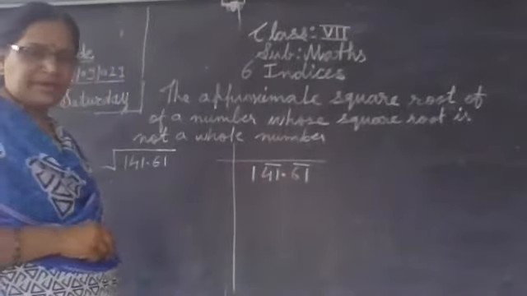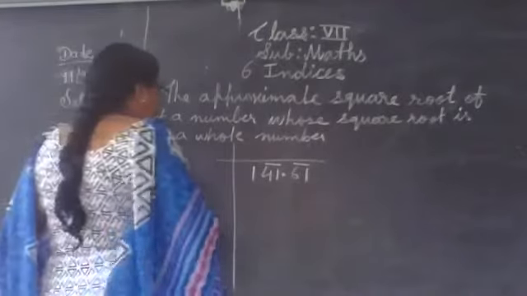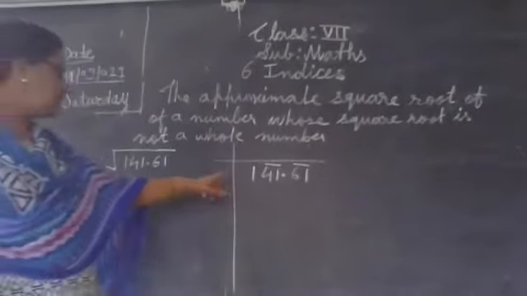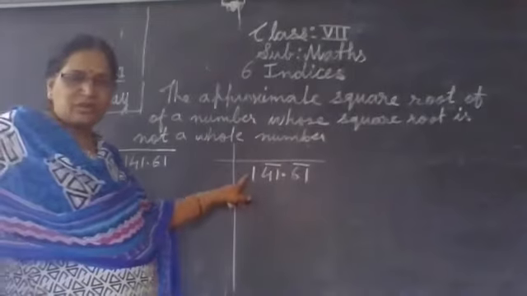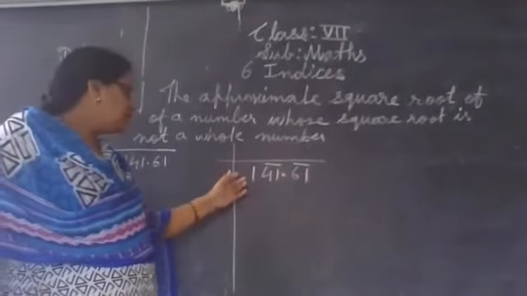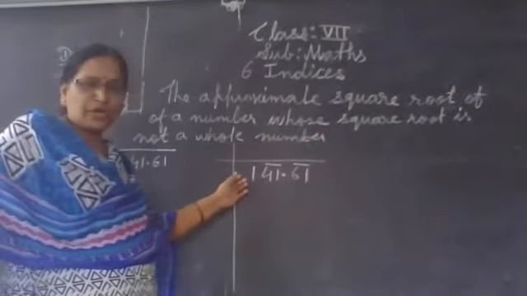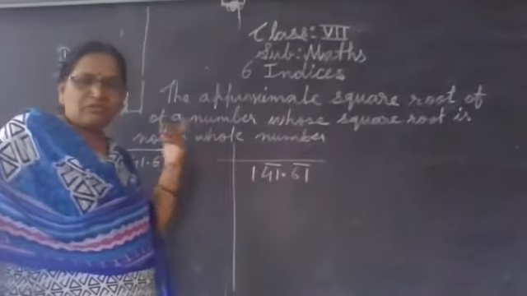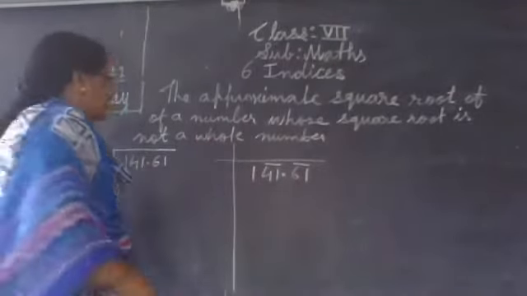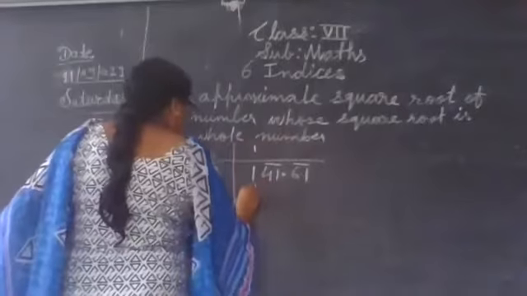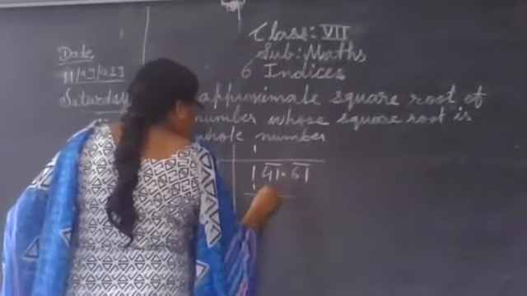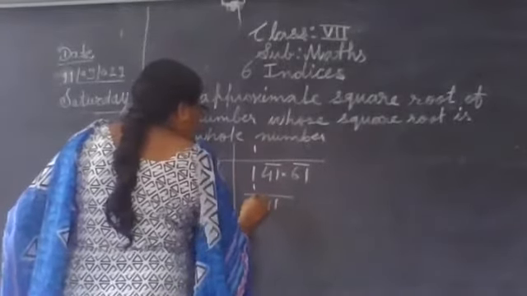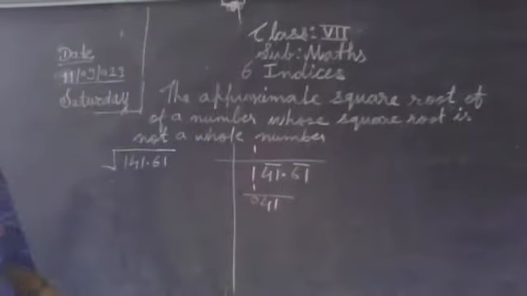One is unpaired, so you have to start there. First we take 1 and find its perfect square. 1 square is 1. So subtract, and we get 0.